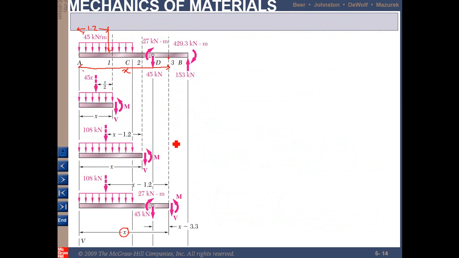So from here to here is 1.2. So what is the distance from here to here? Because you know this is X, so this distance is actually X minus 1.2.